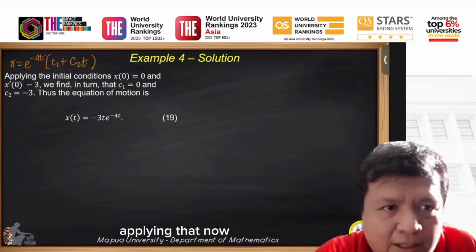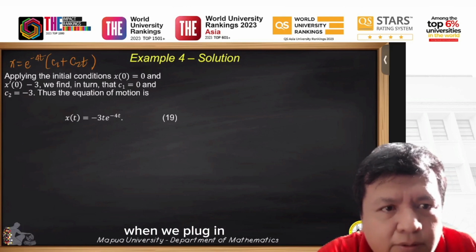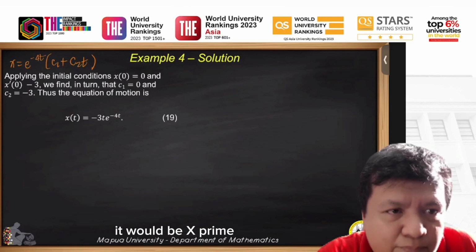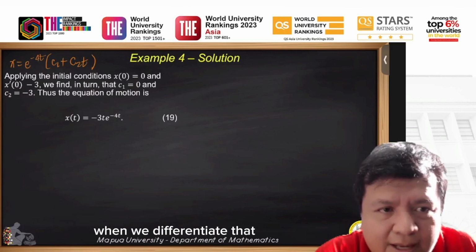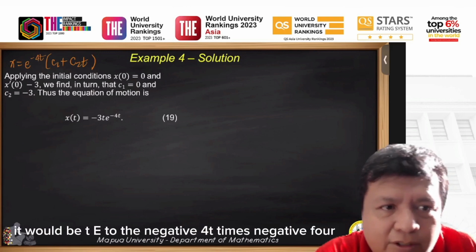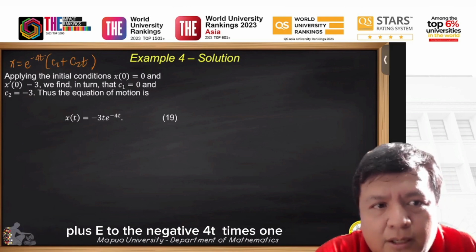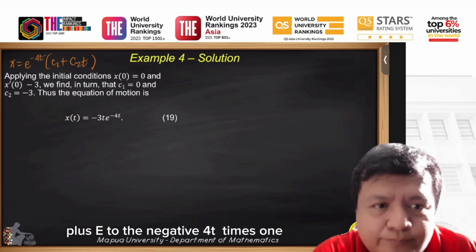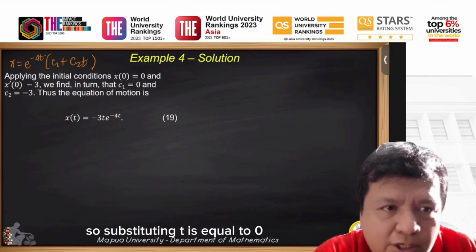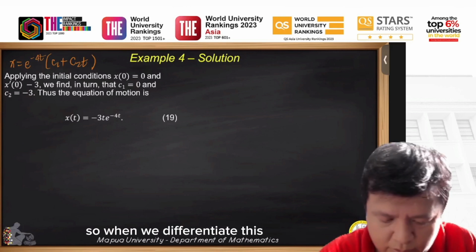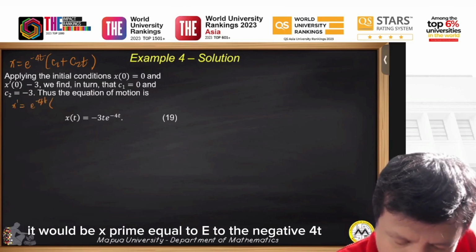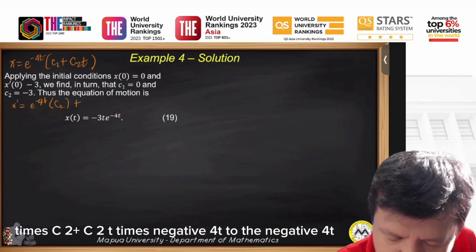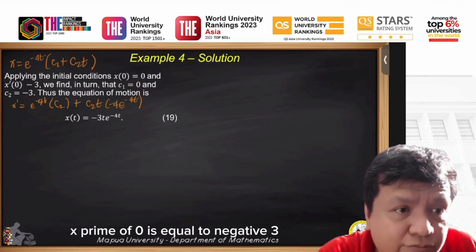Now, when we differentiate this, it would be x prime equal to e to the negative 4t times C2 plus C2t times negative 4 e to the negative 4t. x prime of 0 is equal to negative 3.